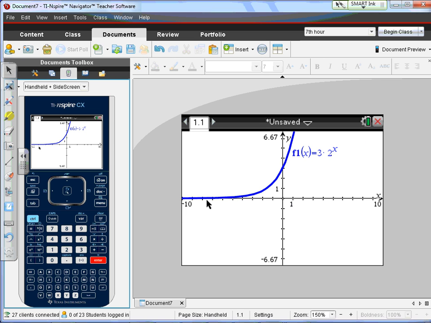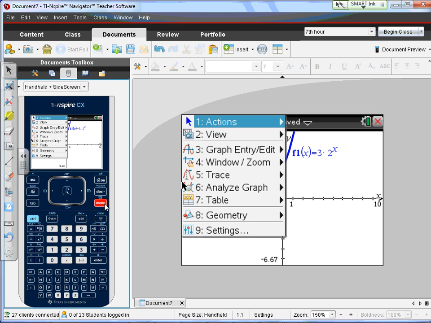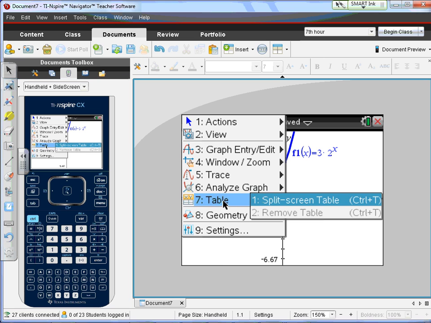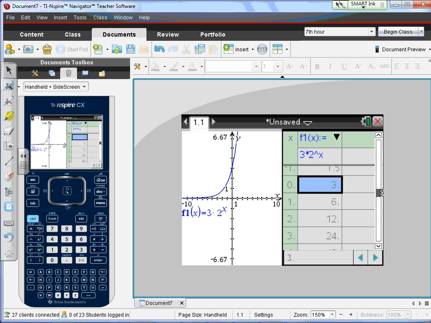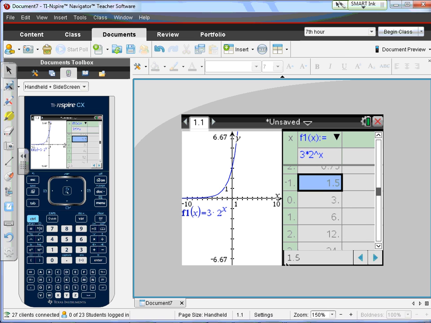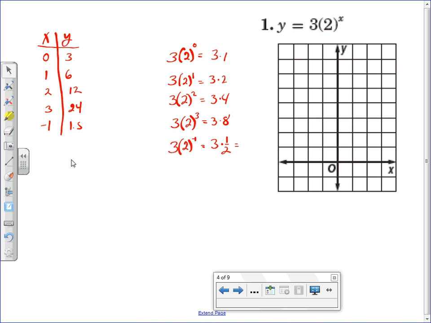Push enter and you see the graph right there. Now, the graph is real nice, but you do need to see the values, the numbers. This will build the table for you. When you look over on this side, you can see that you've got the same values in this table that we built by hand.